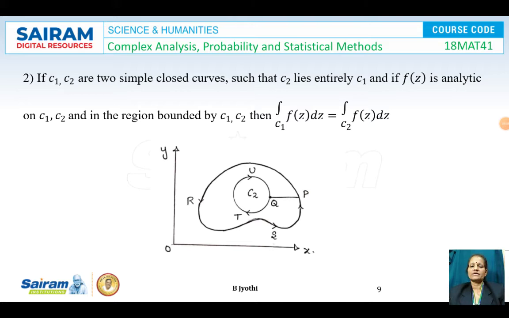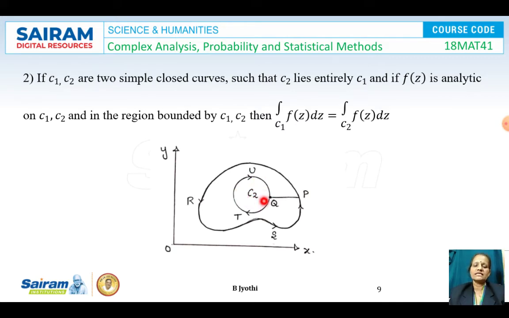The second consequence says: if C1 and C2 are two simple closed curves such that C2 lies entirely in C1. You can observe here, the outer one is C1, the innermost curve is C2.